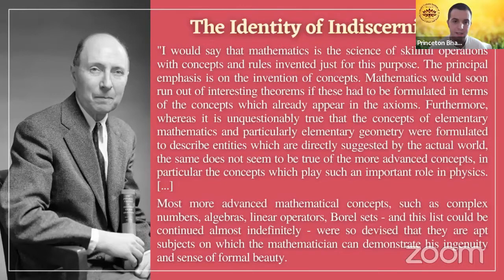Furthermore, whereas it is unquestionably true that the concepts of elementary mathematics, and particularly elementary geometry, were formulated to describe entities which are directly suggested by the actual world, the same does not seem to be true of the more advanced concepts, in particular the concepts which play such an important role in physics.